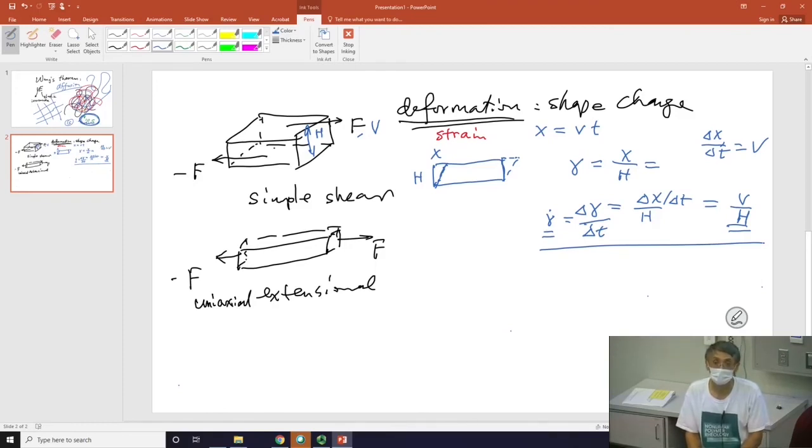What is that? I just so casually made this such a simple definition, introduction of shear rate, which you folks know very well. What assumption have I made?